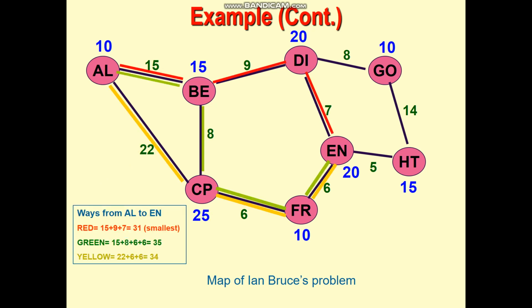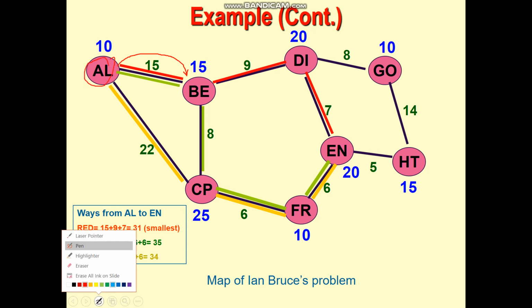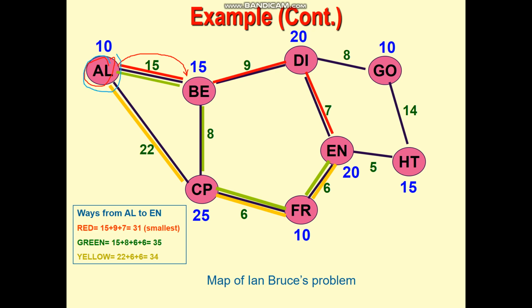Okay, so from AL to BE, we can see the shortest way is 15, right? So the distance between AL and BE is 15. How about from AL to EN?